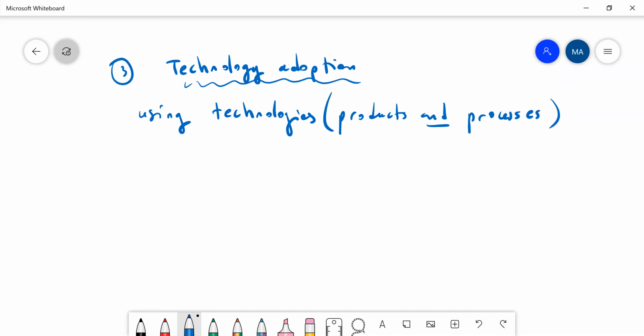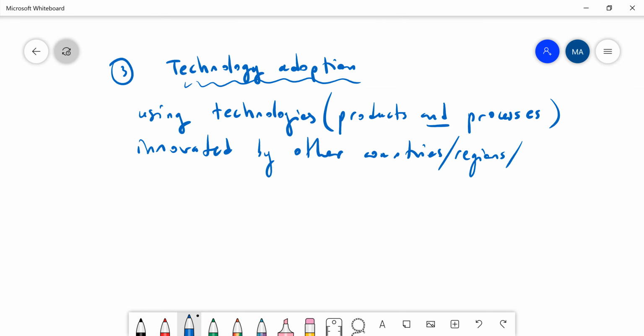Using technologies innovated by other countries or other firms, or I mean other regions. So this could be at country level, regional level, sectoral level, or firm level. What is important here is that, of course, we are looking at the country level.